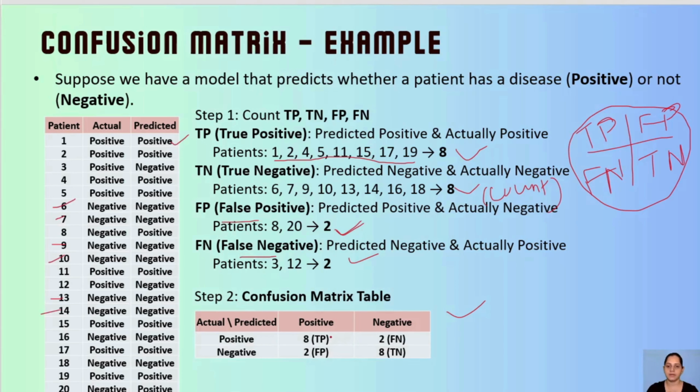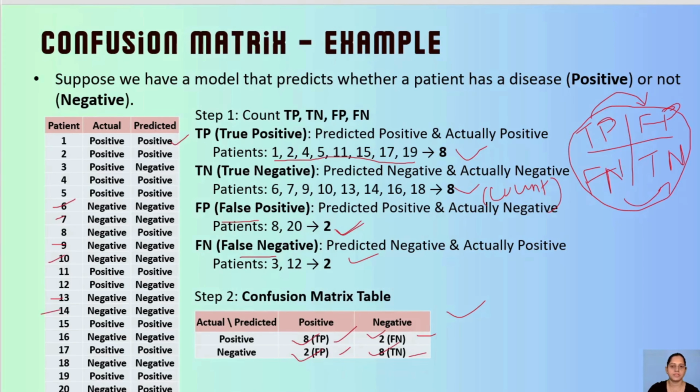First true positive, which is 8, then false positive, then false negative, then true negative. This is how the representation looks. Just like this: first these two, then these two.